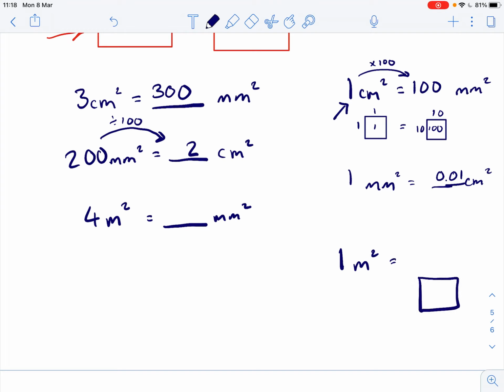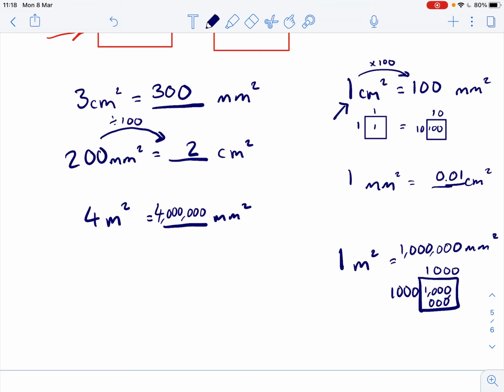It's going to be not 100, but 1,000 times 1,000. So 1 million millimetres squared. So 4 metres squared is going to be 4 million millimetres squared.